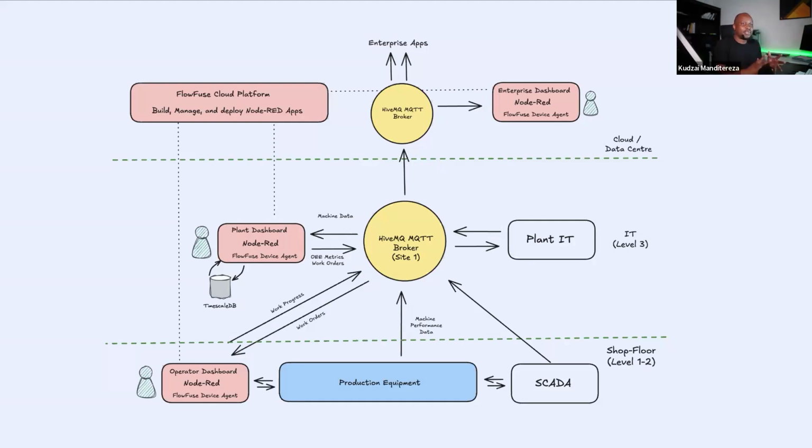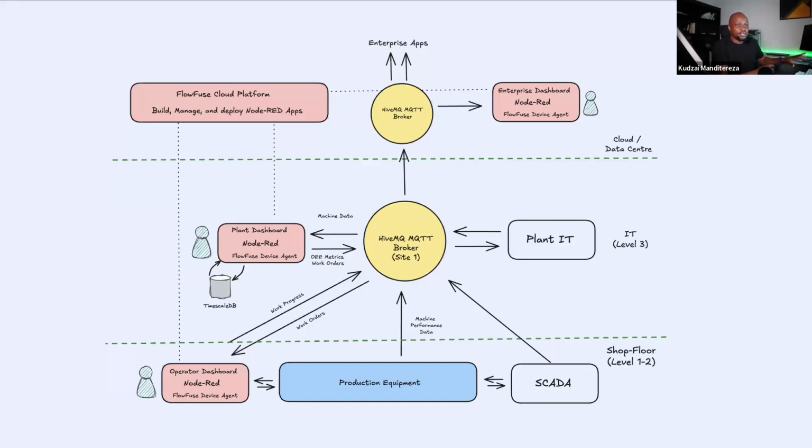This is all happening in real time in a digital manner, with no movement of paper or information existing in many different spreadsheets. And then on the shop floor, level 2, level 1, we've got another Node-RED instance. This one is typically responsible for connecting to your production equipment, PLCs, and machines, and getting all of this data out so that you can then publish it back into your unified namespace.